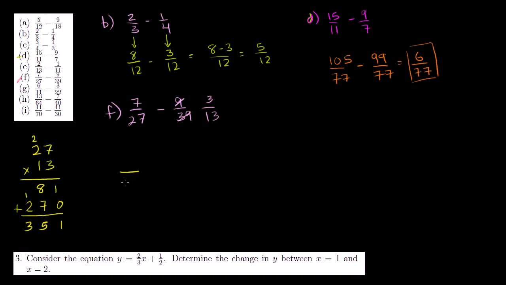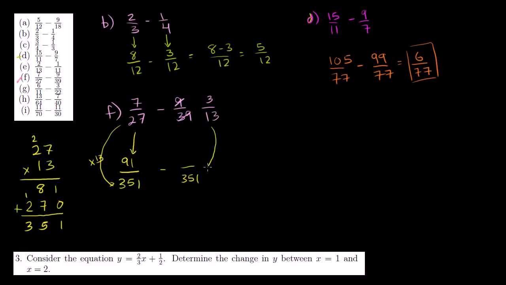So our common denominator is going to be 351. 7 over 27 minus something over 351. To go from 27 to 351, we had to multiply by 13. So to go from 7 to whatever numerator here, we have to multiply by 13. 7 times 13 is 70 plus 21 is 91. This is 91 over 351.